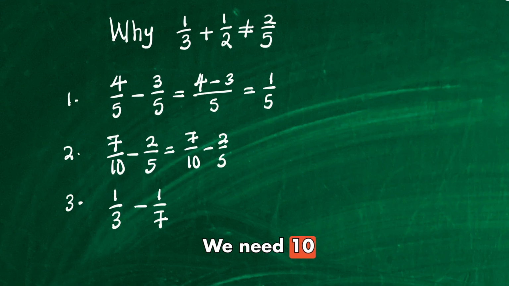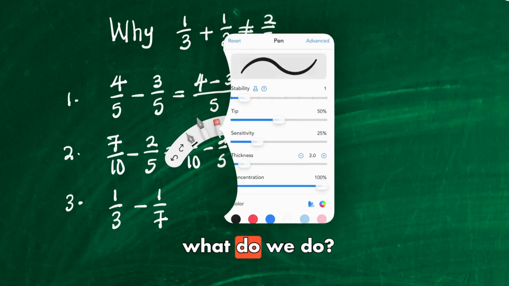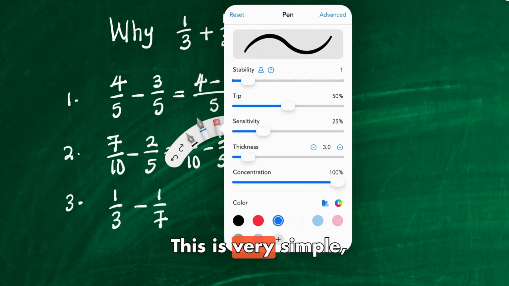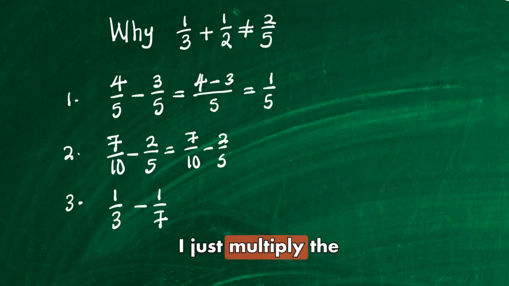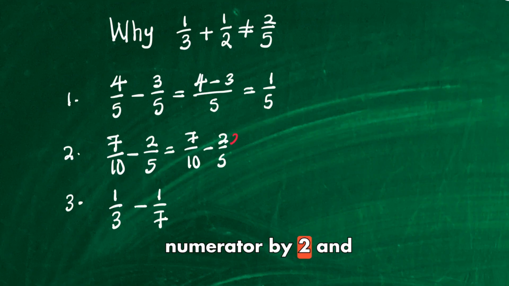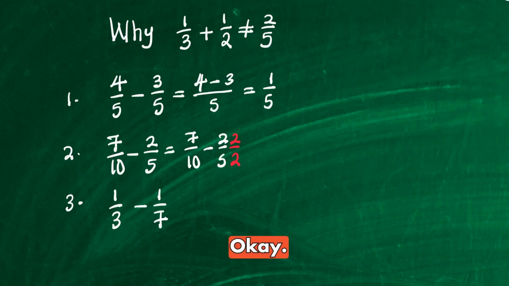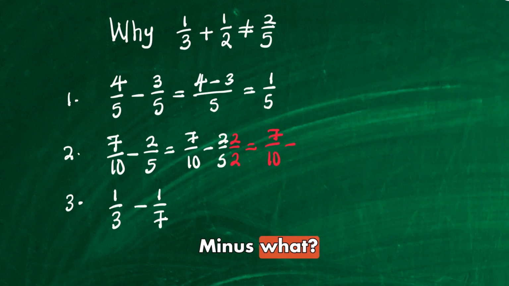We need 10 in the denominator in the second one. So what do we do? This is very simple, guys. So I just multiply the numerator by 2 and the denominator by 2 to make it 10, right?